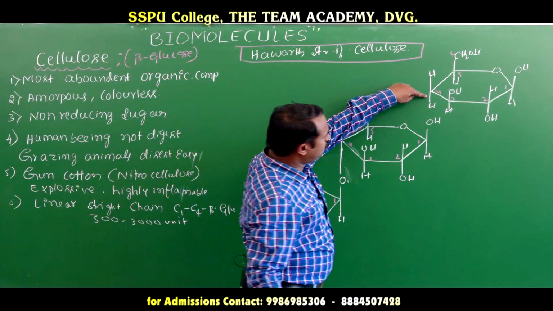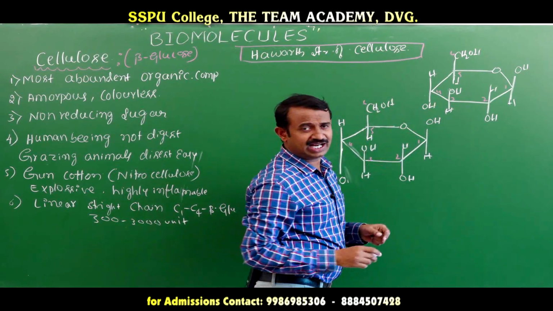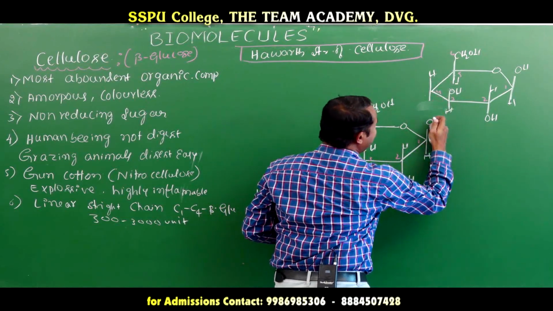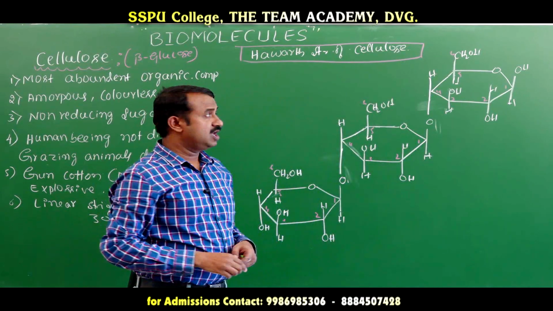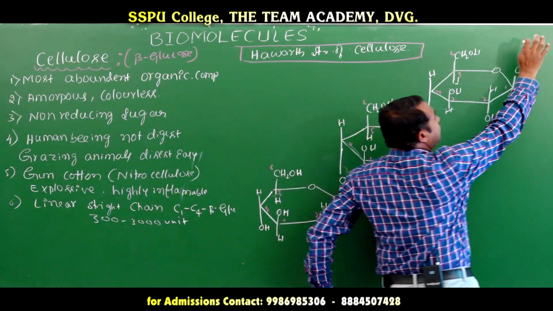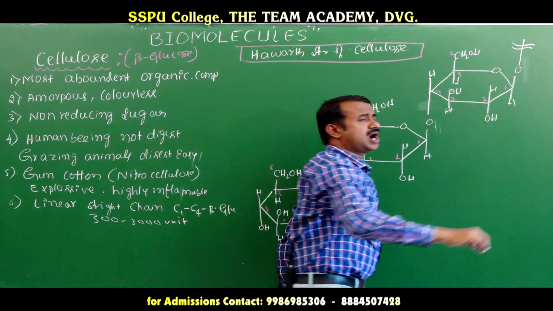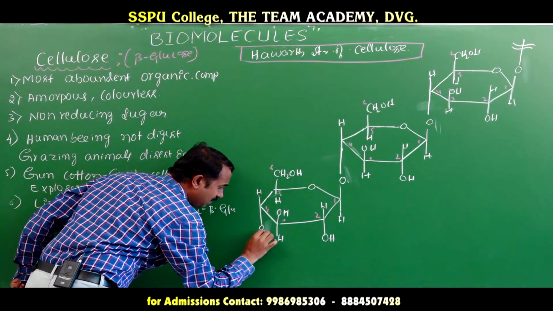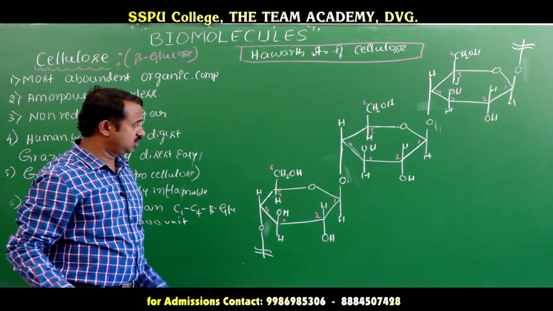Here also OH is there, here OH, elimination of water molecules. Here OH and H. The linkage is an oxide linkage. And again you will go for another, here also n number of monosaccharides of beta glucose. Here also n number of monosaccharides, it is a beta glucose.